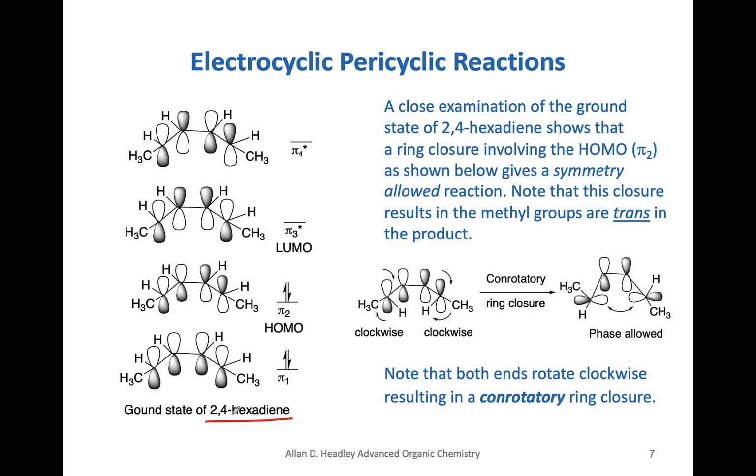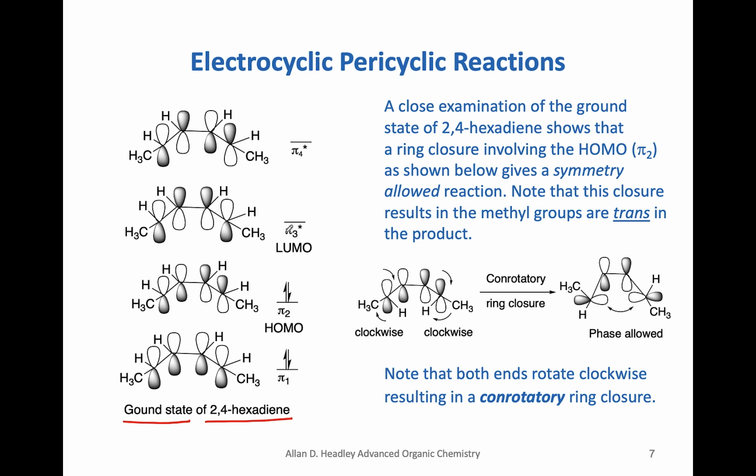So let's look at the p orbitals for 2,4-hexadiene. Notice it has 2 double bonds, which means 2 electrons in each, which means a total of 4 electrons. So this represents here the ground state. So these are the 4 orbitals of 2,4-hexadiene: pi 1, pi 2, pi 3, and pi 4.